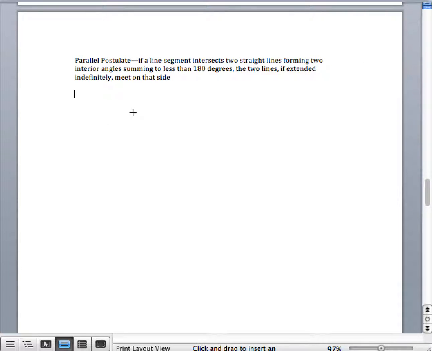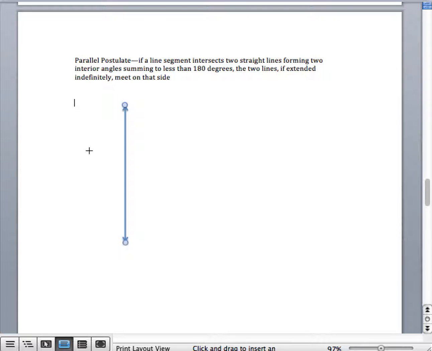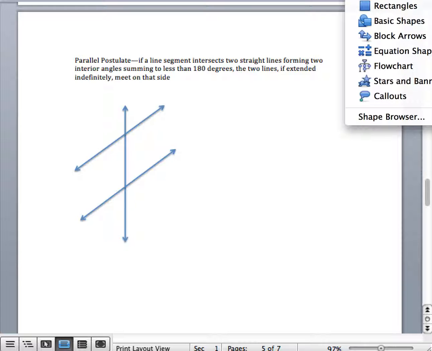So let's say I have a ray right here, a vertical ray. And then I add two horizontal rays that are parallel to one another. Not a big deal. That means that this angle equals this angle will equal this angle, this one equals that one, like we learned before when we were talking about vertical angles.